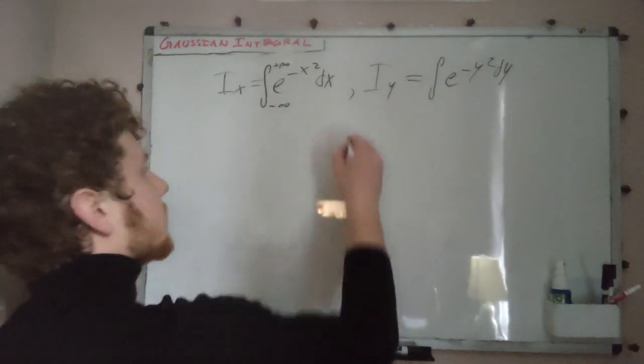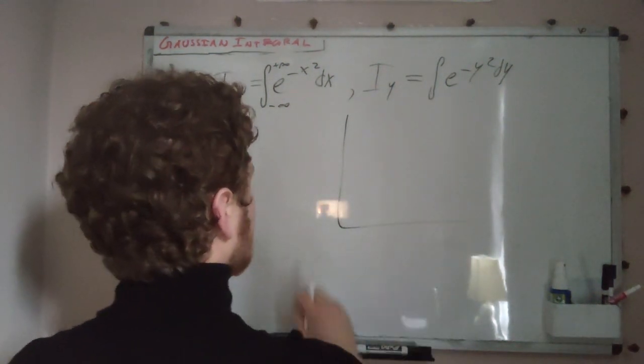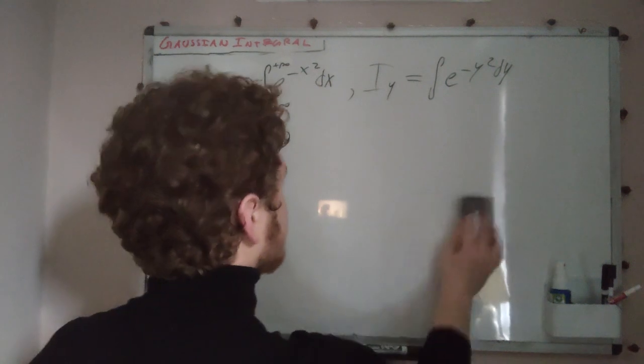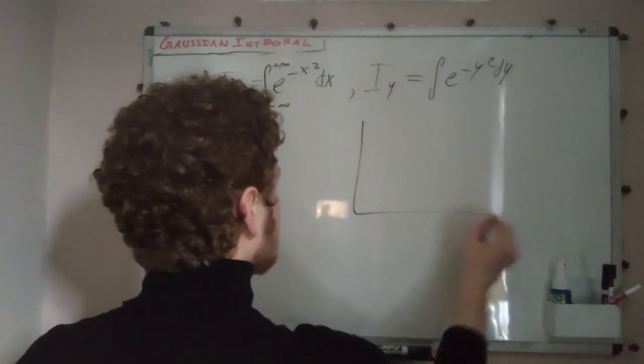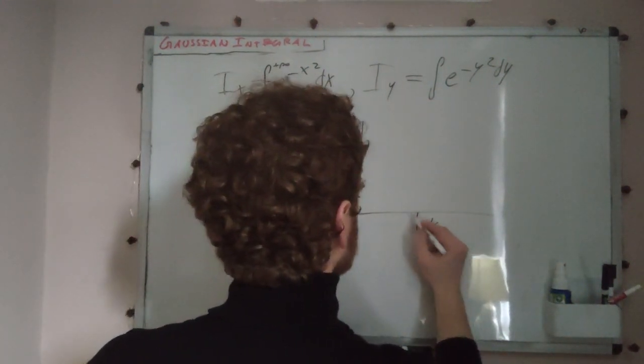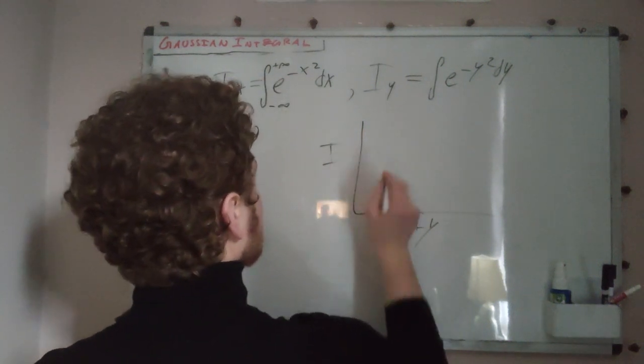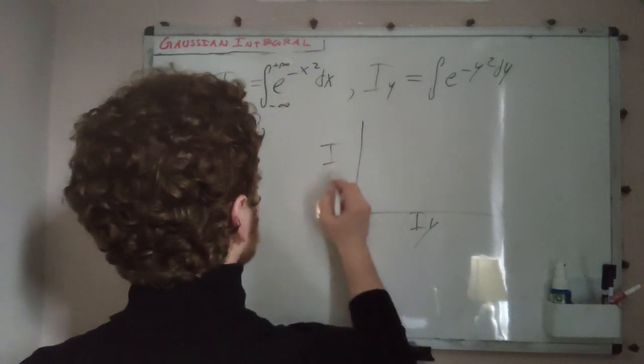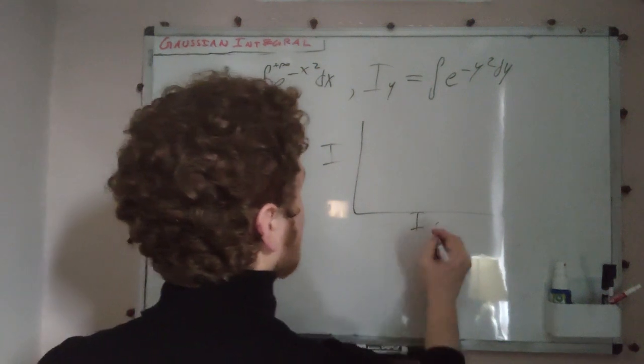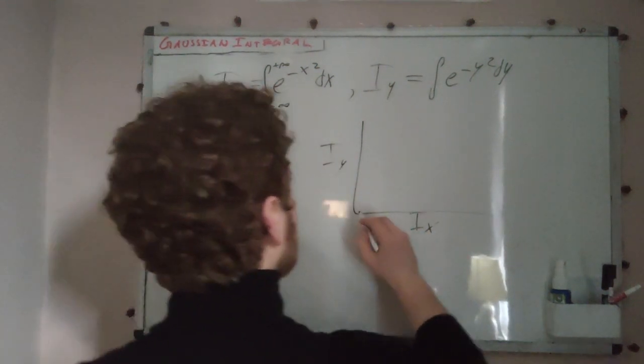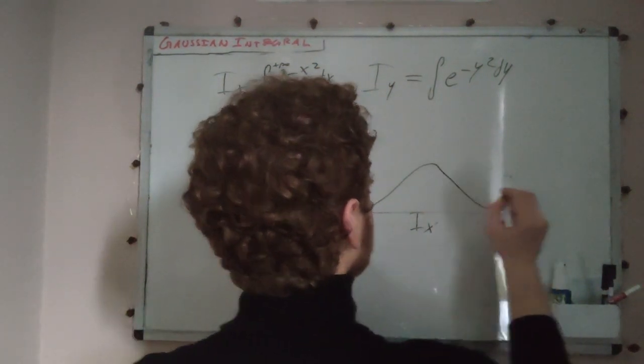And as a little bit of a picture of what's going on, if you draw just a simple plane, here's x, here's y, and here's the distribution.